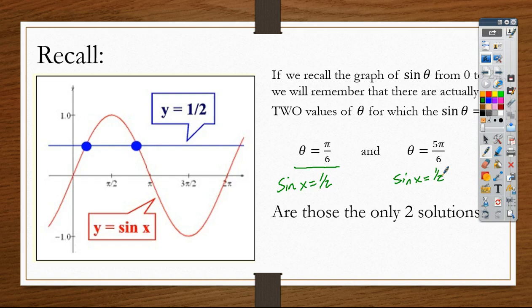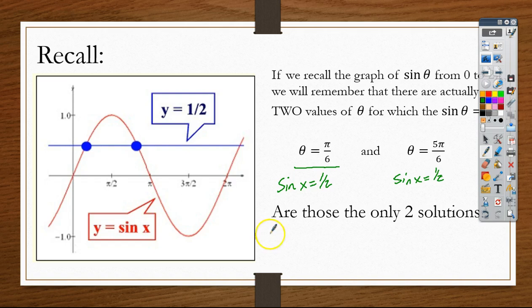Not only that, but are those the only 2 places that it happens? No. Unless the equation specifically restricts your domain, you have to remember that this keeps repeating over and over again every circle, or every 2 pi. So your solutions aren't just going to be that x is equal to pi over 6.